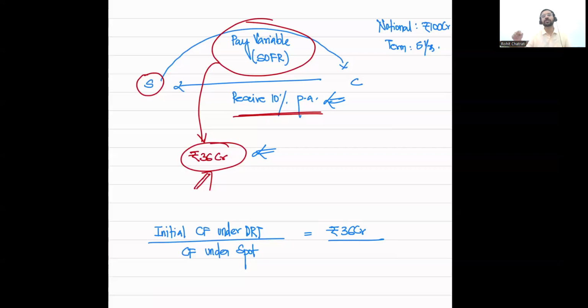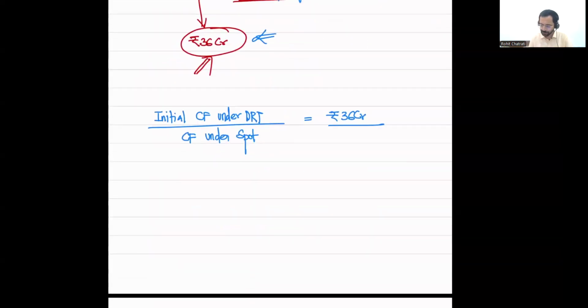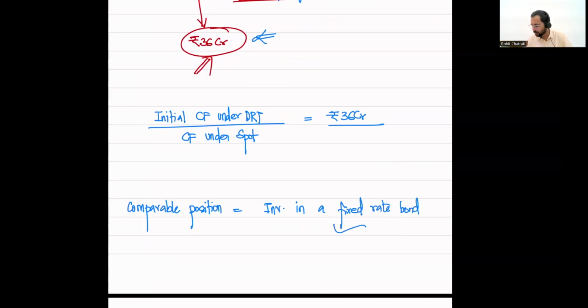So a comparable position to this interest rate swap would be an investment in a fixed rate bond. Just like in the previous question, the comparable position was an investment in a floating rate bond. Over here, the comparable position is an investment in a fixed rate bond, where the coupon rate is fixed at 10 percentage.